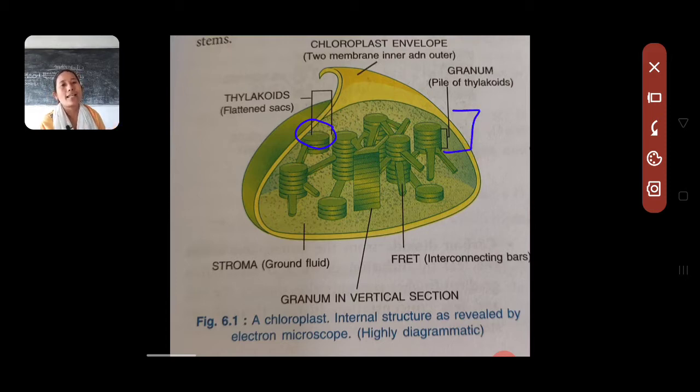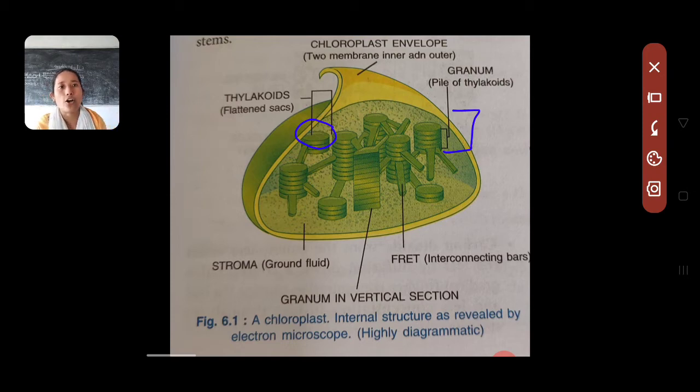When you pile up these sac-like structures, it is referred to as granum. The walls of a thylakoid have chlorophyll pigment, and these thylakoids are interconnected with each other with the help of these interconnecting bars.